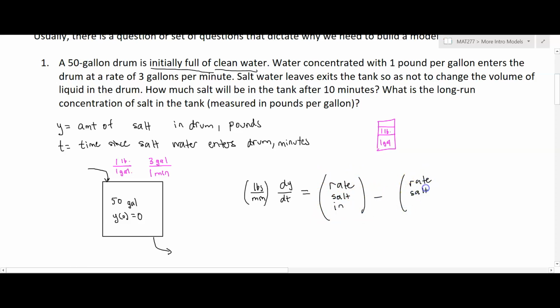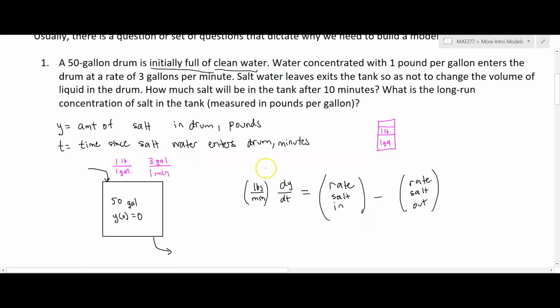This is just like thinking about water entering a bathtub. The net rate at which your tub is either filling or draining is a function of, okay, if your tub is filling at 10 gallons per minute and it's draining at 7 gallons per minute, then 10 gallons per minute coming in minus 7 gallons per minute coming out tells me that every minute I should see 3 more gallons in net inside of that tub. So no different here, it just happens to be pounds of salt per minute instead of gallons per minute.